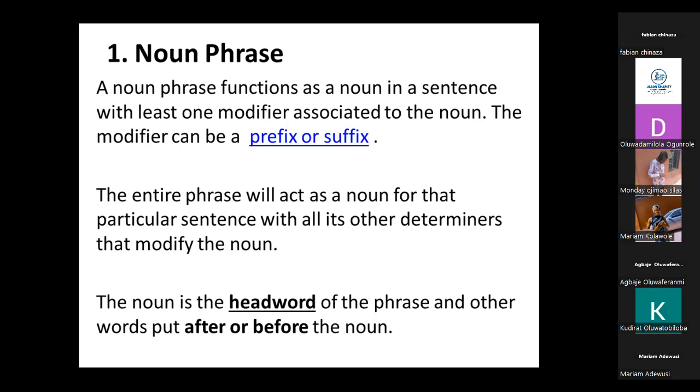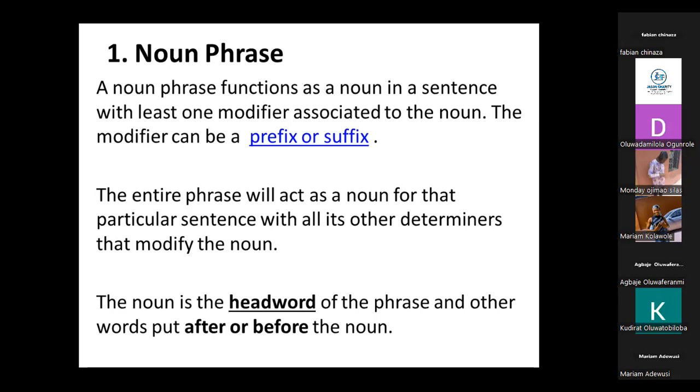Now, the entire phrase will act as a noun for that particular sentence with all other determinants that modify the noun. Now, when you're talking about a noun phrase, remember, I said earlier that a noun phrase does not have a predicate in it. So basically, what we are saying is that a noun phrase will not have a finite verb in its composition.